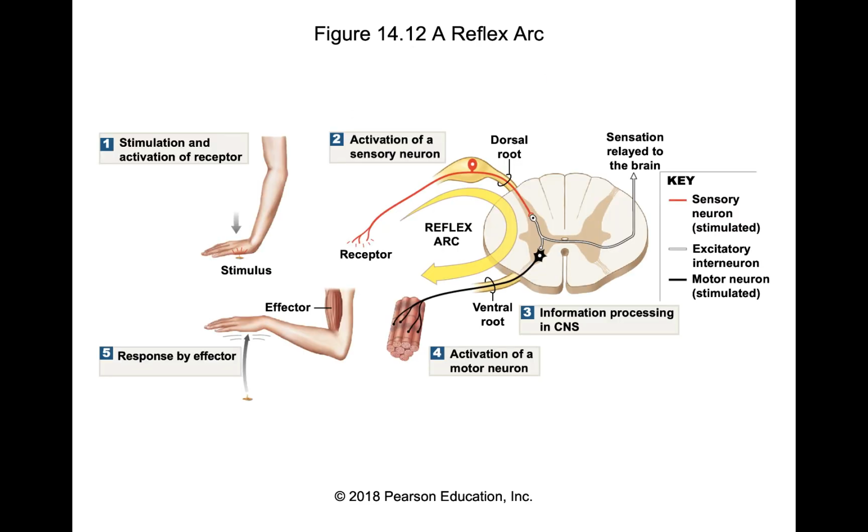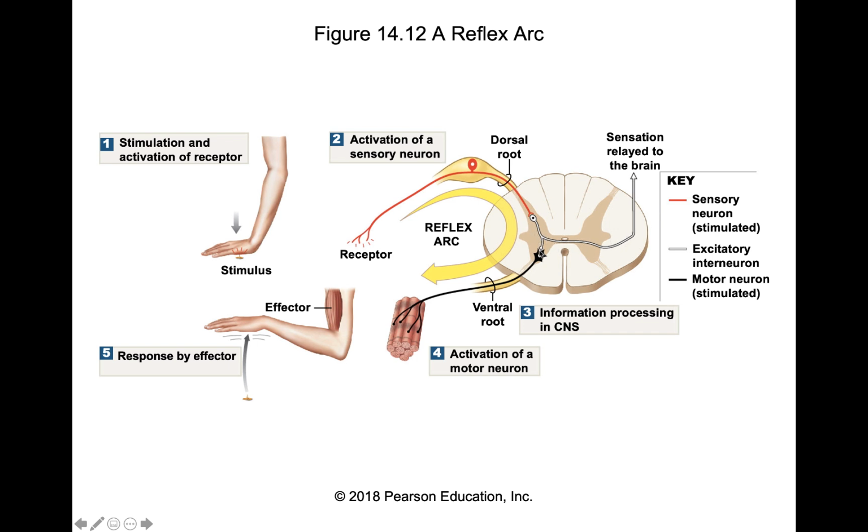So there are 5 steps. The first one is stimulation and activation of the receptor. So let's say you step on a nail. That's the stimulus. It's going to send a sensory signal through the dorsal root into the posterior gray horn. So the sensory neuron is synapsing with another neuron, and that neuron is bifurcating. One part is crossing over, decussating, and going up to the brain.